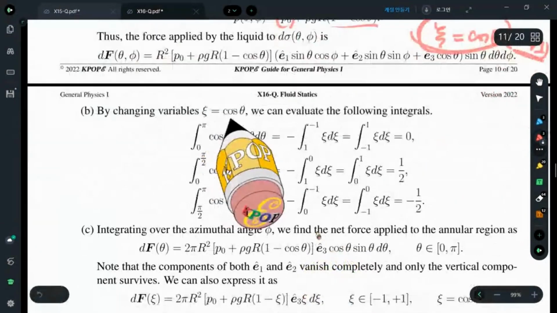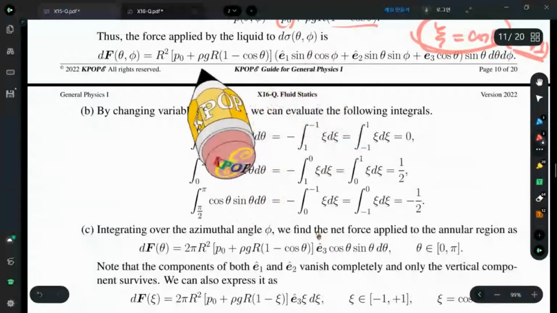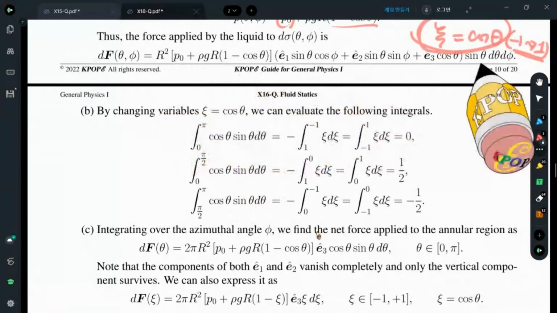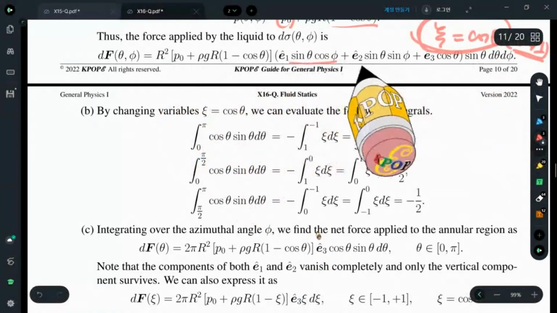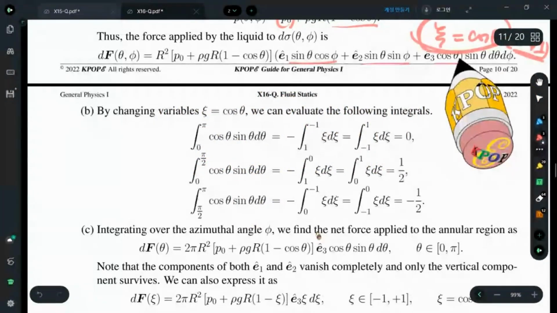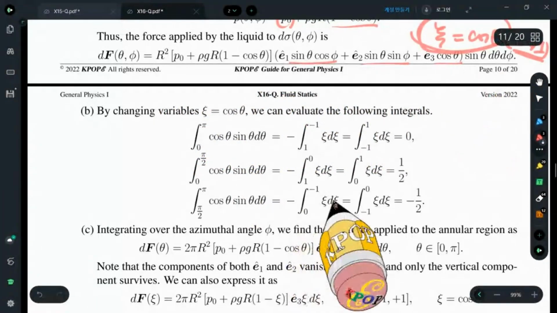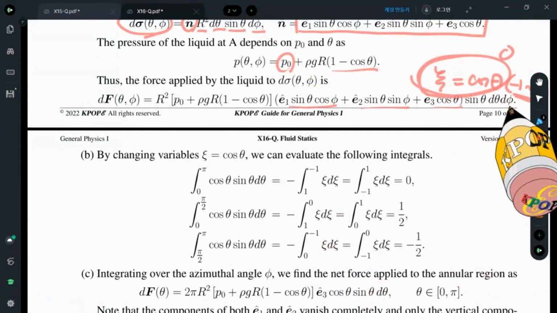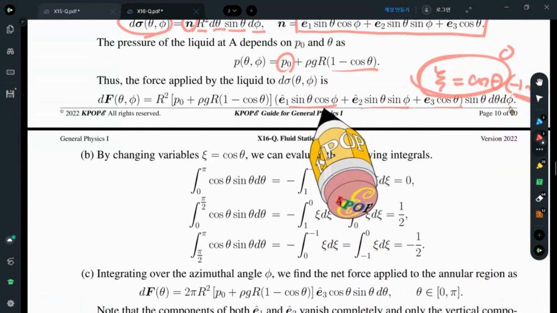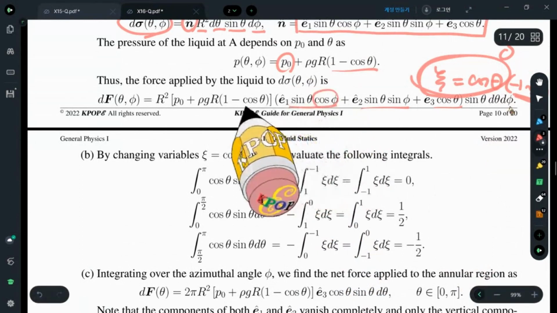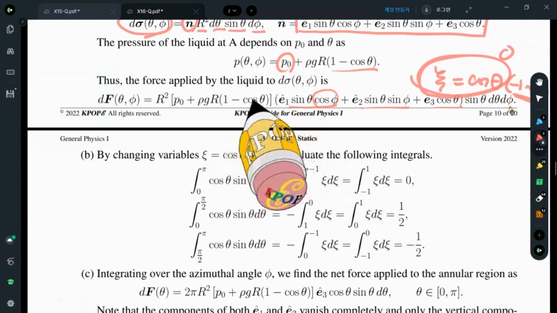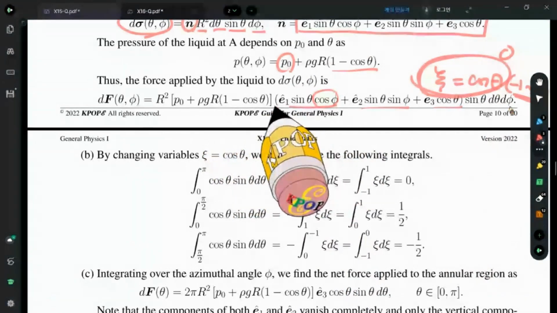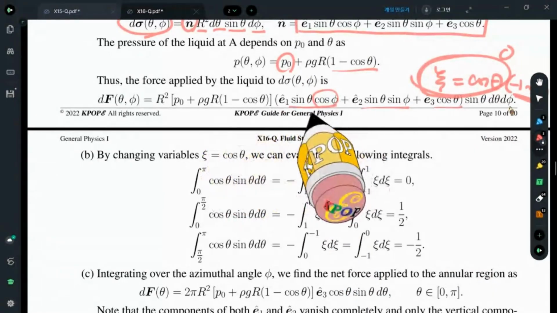And you will find the integral over angle theta, these. However, if you evaluate the phi integral, we have a cosine phi, whatever theta dependence there may be.